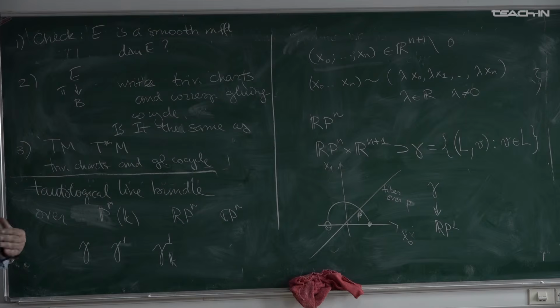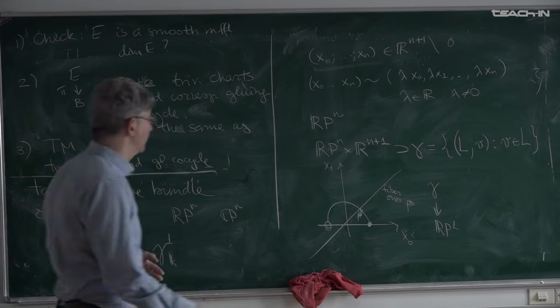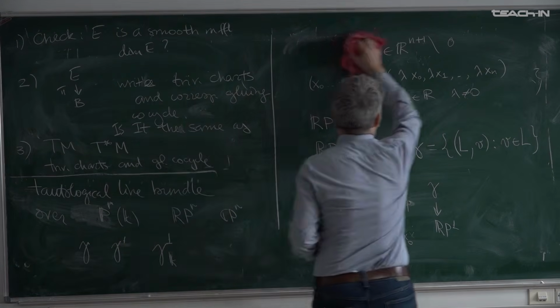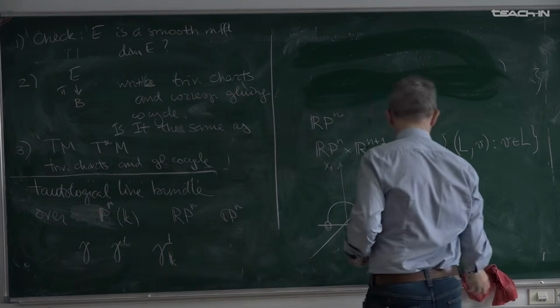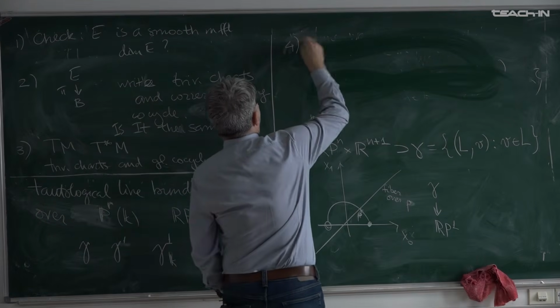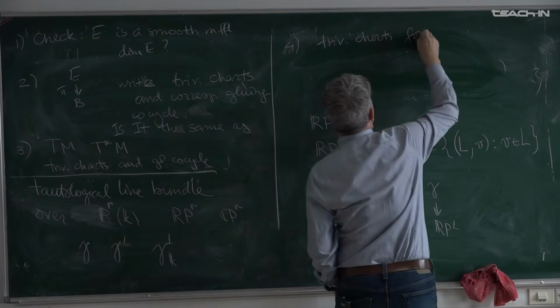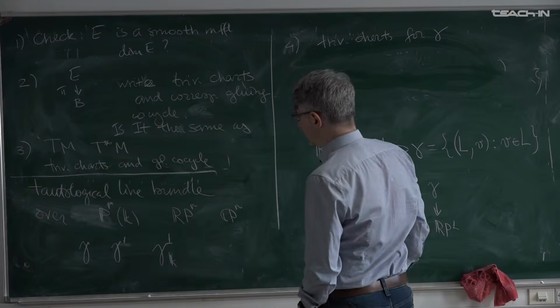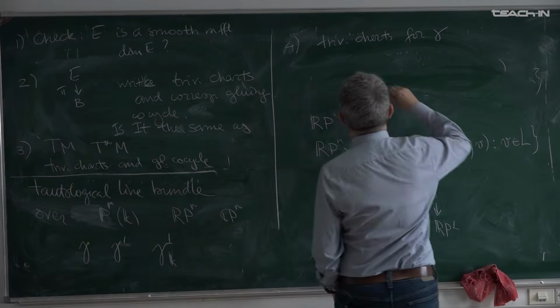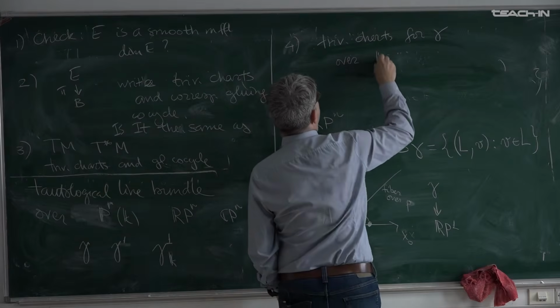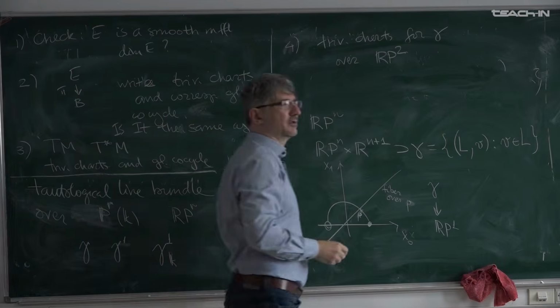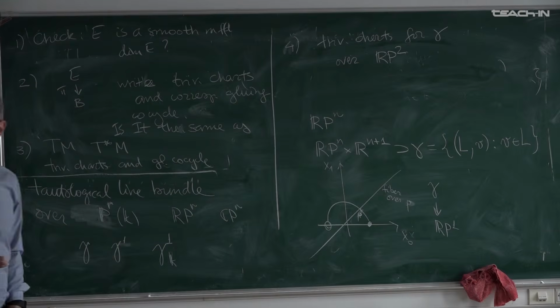And what I want you to do, as problem number 4, the most difficult one, is to write trivializing charts for the tautological bundle gamma over RP2. It will be far enough, RP2.